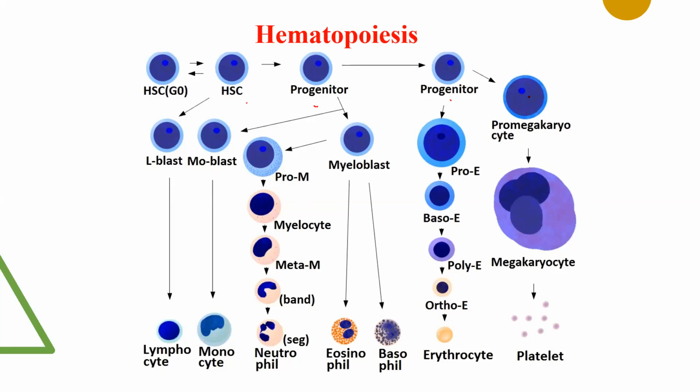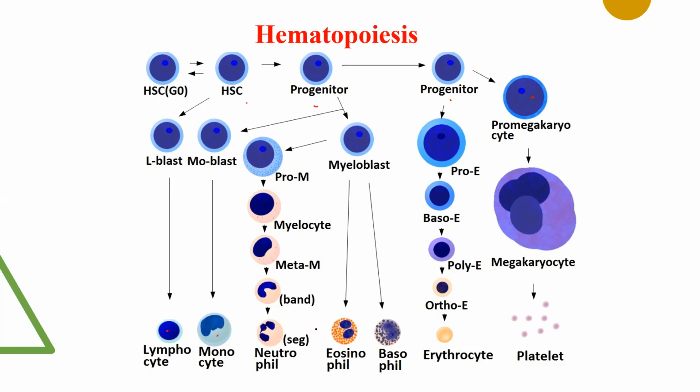One lineage develops the megakaryocyte, which gives the platelet. It is not discussed as a part of the immune system. The other, the erythrocyte, is also not discussed as a part of the immune system. But these other cells are very important players of adaptive immunity, that is the lymphocytes, B cells and T cells.